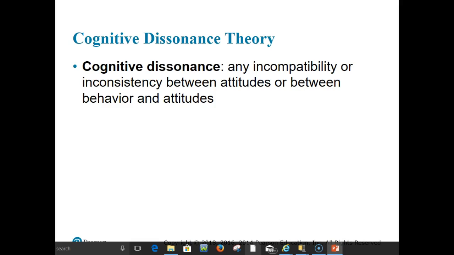Cognitive dissonance is any incompatibility or inconsistency between attitudes or between behavior and attitudes. The theory argued that inconsistency is uncomfortable and that individuals will try to reduce the discomfort and thus the dissonance.